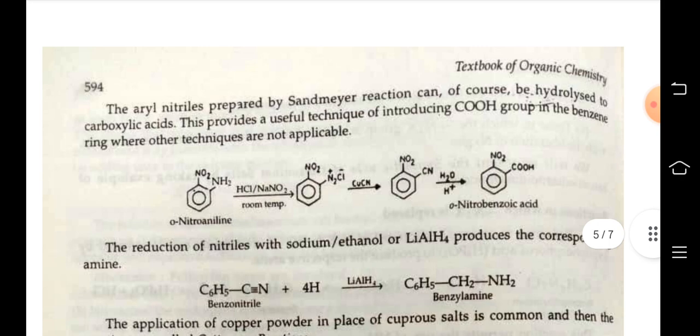The aryl nitriles prepared by the Sandmeyer reaction can of course be hydrolyzed to carboxylic acids. This provides a useful technique of introducing the COOH group in the benzene ring where other techniques are not applicable. O-nitroaniline in the presence of HCl and NaNO2 at room temperature gives NO2-C6H4-N2+ Cl-.